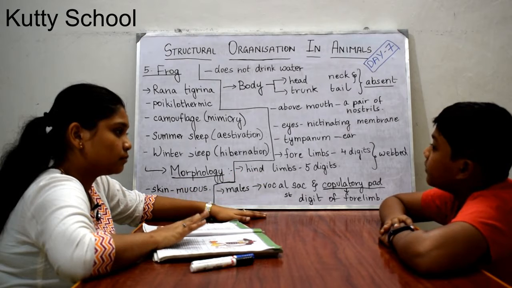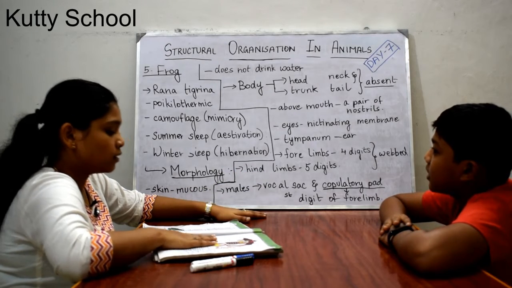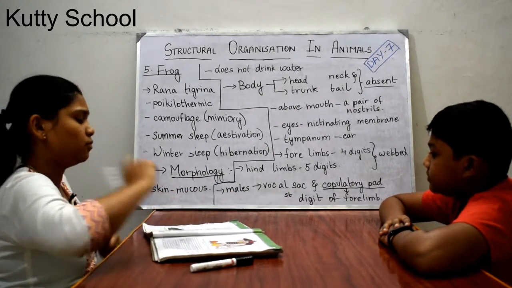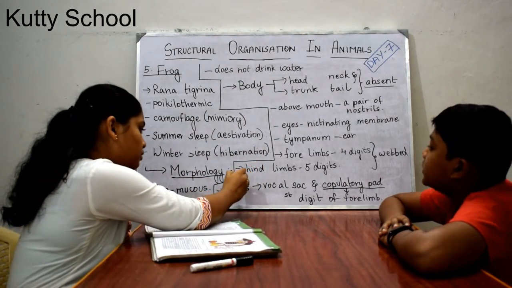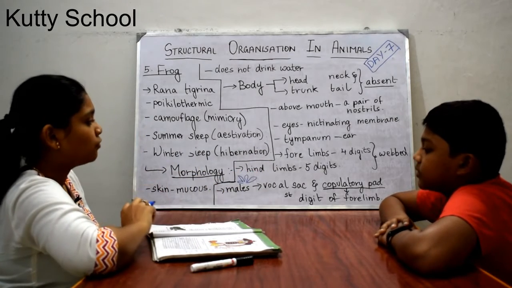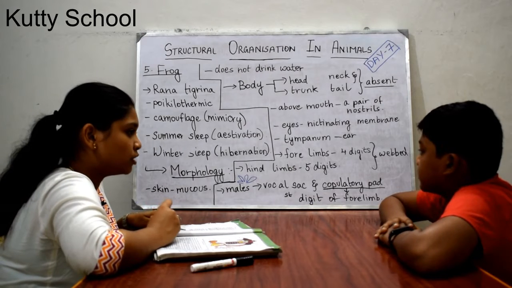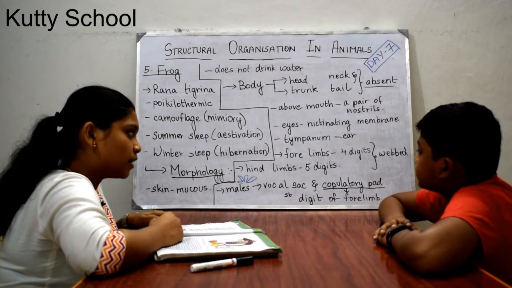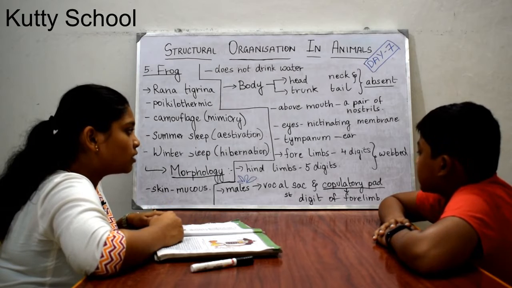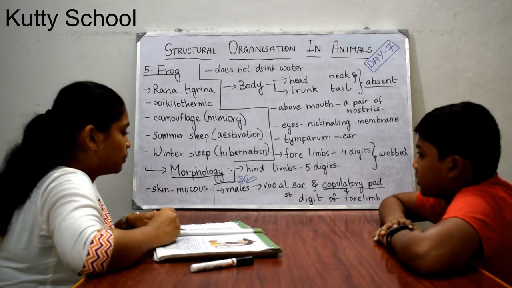So there are 9 digits in total. Each forelimb has 4 digits and each hind limb has 5 digits. The forelimbs and hind limbs are webbed to help them swim.